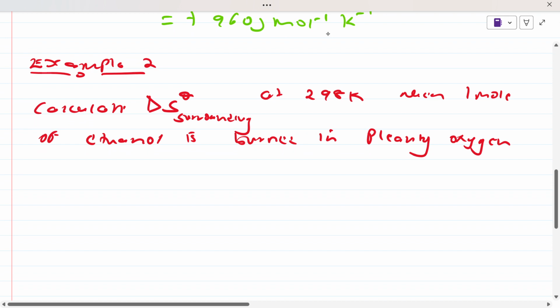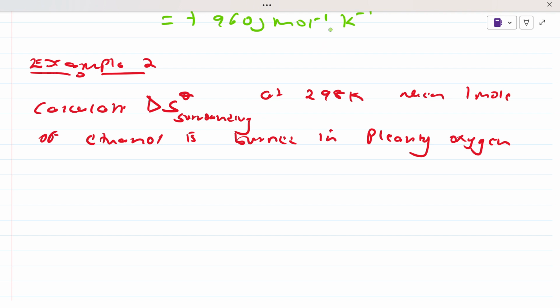The examiner is just trying to tell you that the reaction is going to completion. We have plenty of oxygen to ensure that the whole sample of ethanol that we have burns completely.